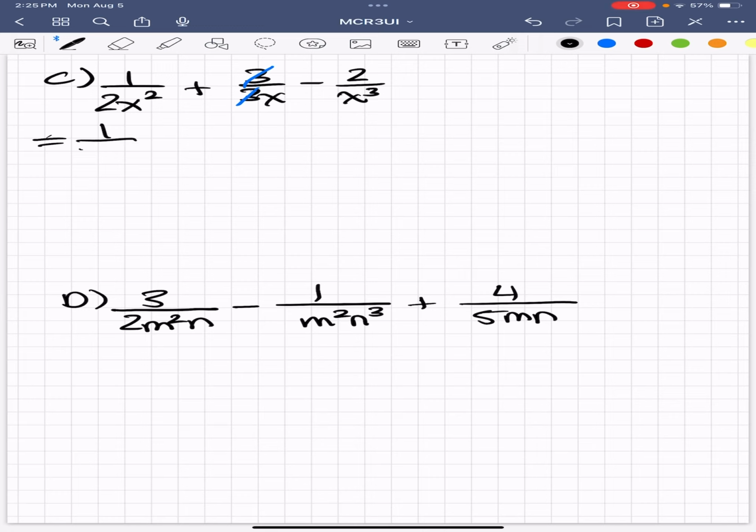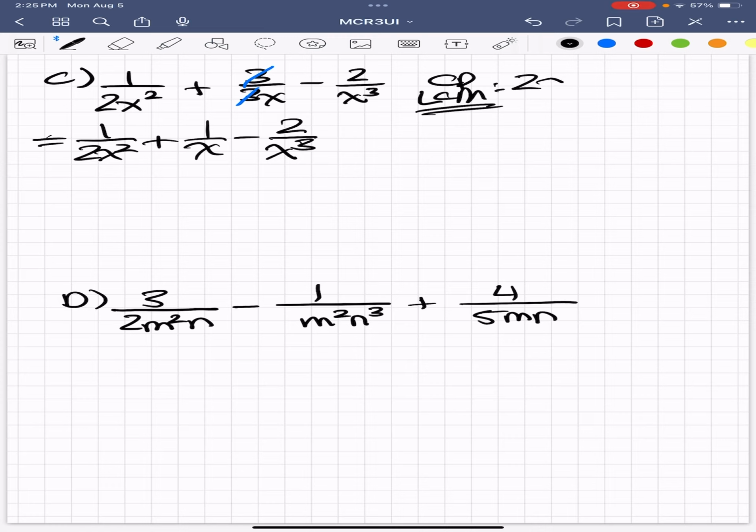So we have 1 over 2x to the power of 2 plus 1 over x minus 2 over x to the power of 3. Our common denominator, or lowest common multiple, would be 2x to the power of 3. So we have 1 over 2x to the power of 2 times x over x.